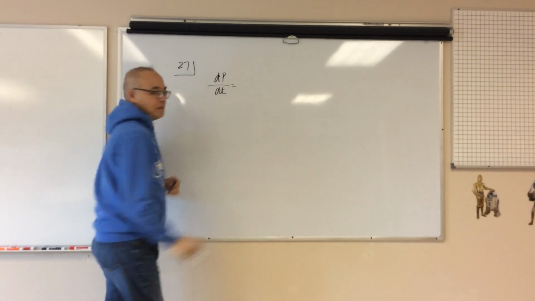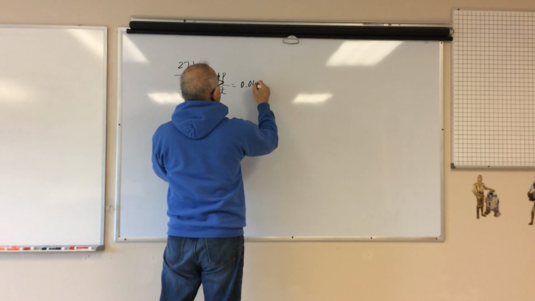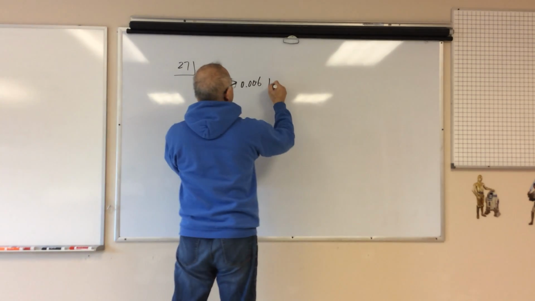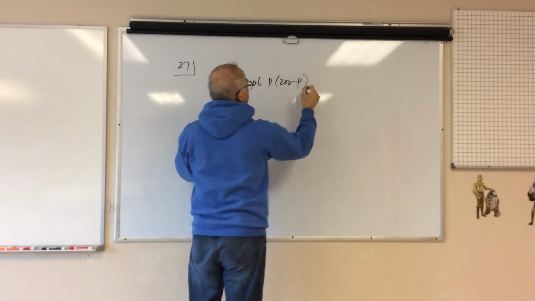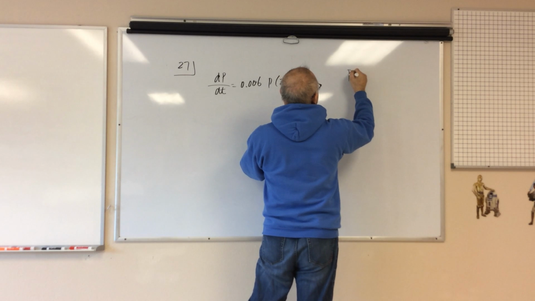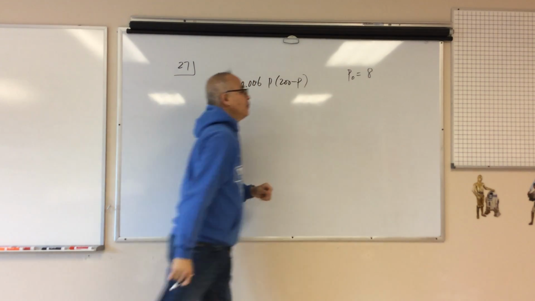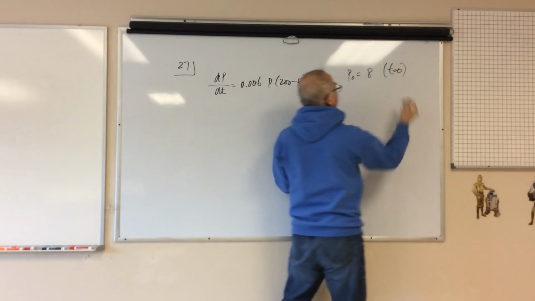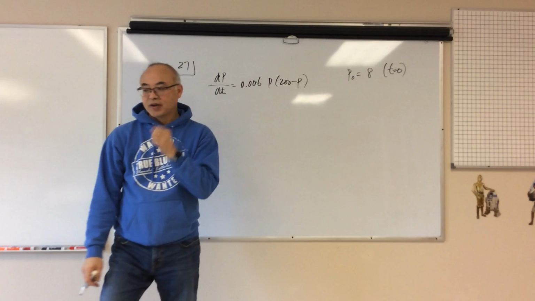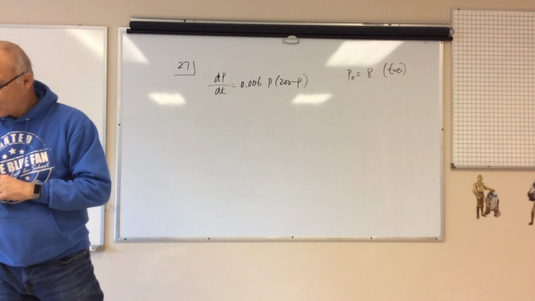dP/dt is equal to 0.006 P (200 minus P). I'm also given that P naught is equal to 8. In other words, when t is equal to 0, P is equal to 8. So let's go back and look at page 374.